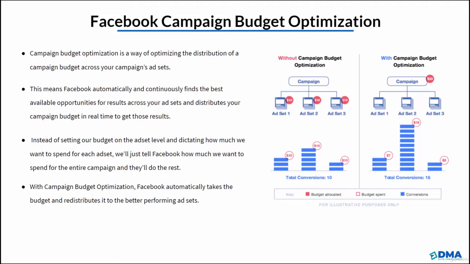It's distributing the campaign budget to the appropriate ad set that's getting the best return, the best conversions. You'll notice on ad set 1, there was only $7, and ad set number 3, only $5. So this is allowing Facebook to optimize the campaigns for us. It's automatically going to put the funds into the ad set that is getting the best returns and conversions. So very, very powerful here.